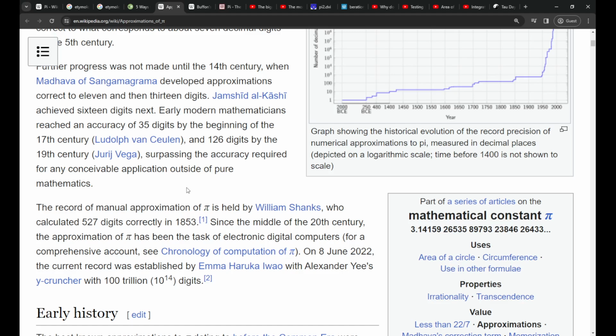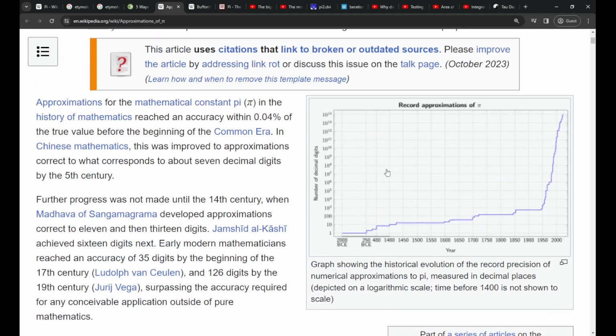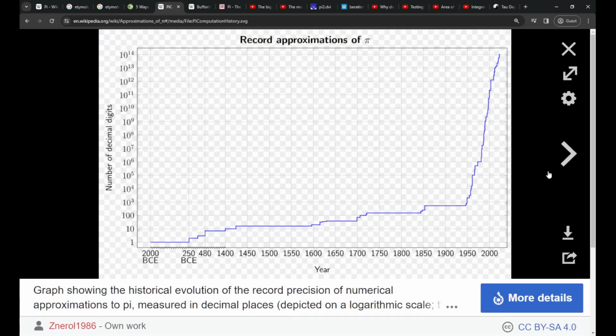Here we are. I'm sorry, not 2016, 2022, June 8th. The current record was established by Emma Haruka Iwao with Alexander Yee's y-cruncher. That's, for lack of a better term, a computer program that's run on Google Cloud with 100 trillion digits, 10 to the 14th power. Let's look at this graph here, the record approximations of pi.